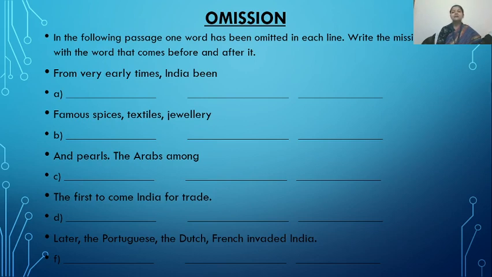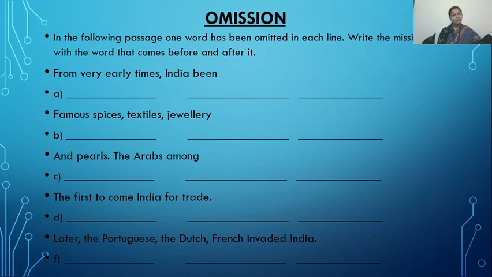"Write the missing word along with the word that comes before and after it." You can see that the book has drawn three lines after each sentence. Why? First, we have to find out the place where the word is omitted. And while writing that word, I have to write the word that is used before that skipped word and after that skipped word.